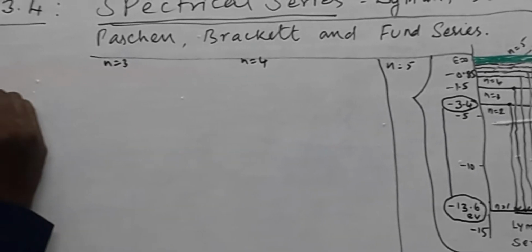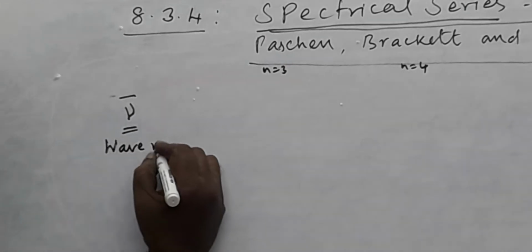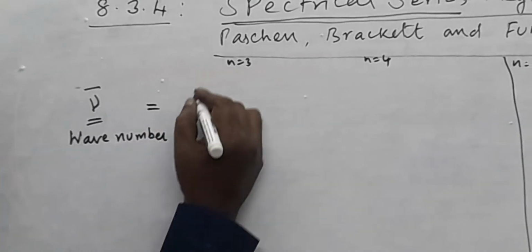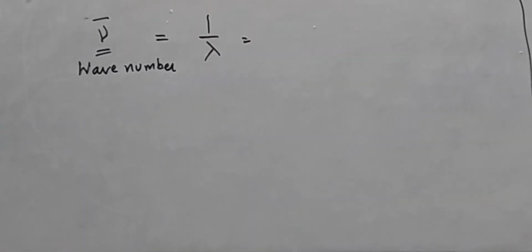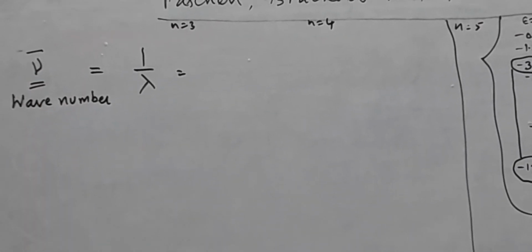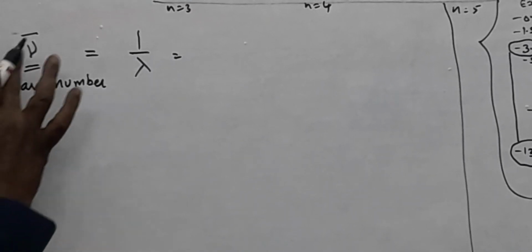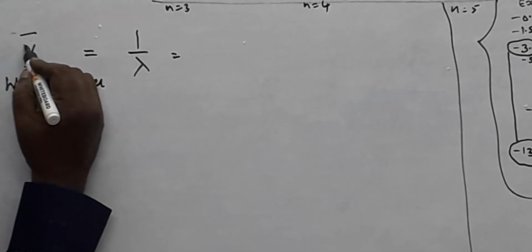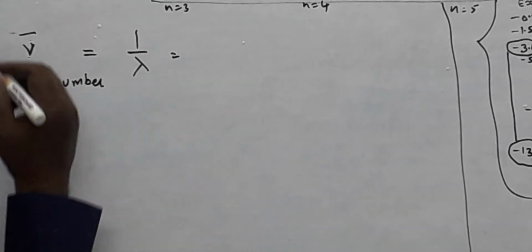Nu bar is nothing but the wave number, the reciprocal of the wavelength. So you must understand clearly, when you put nu bar, it is the reciprocal of wavelength.